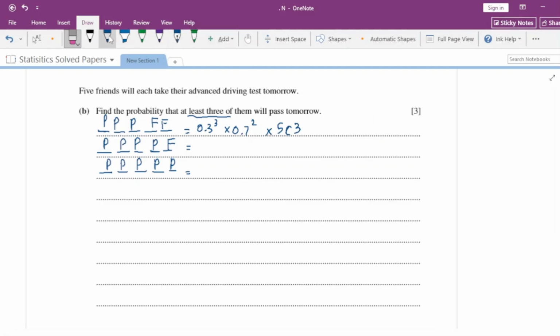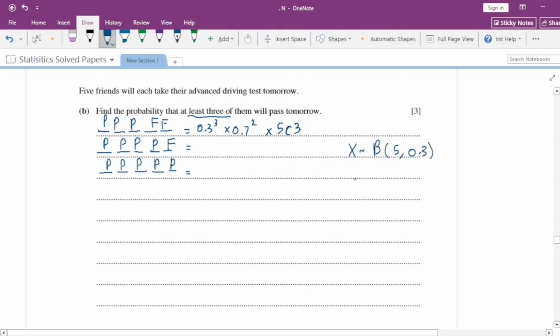You can also see how this is following a typical binomial distribution. Usually in binomial distribution as well, we do the same thing. We could really write this as a binomial distribution, where x, the number of friends who pass, is binomially distributed: total number of people is 5, probability of success is 0.3.